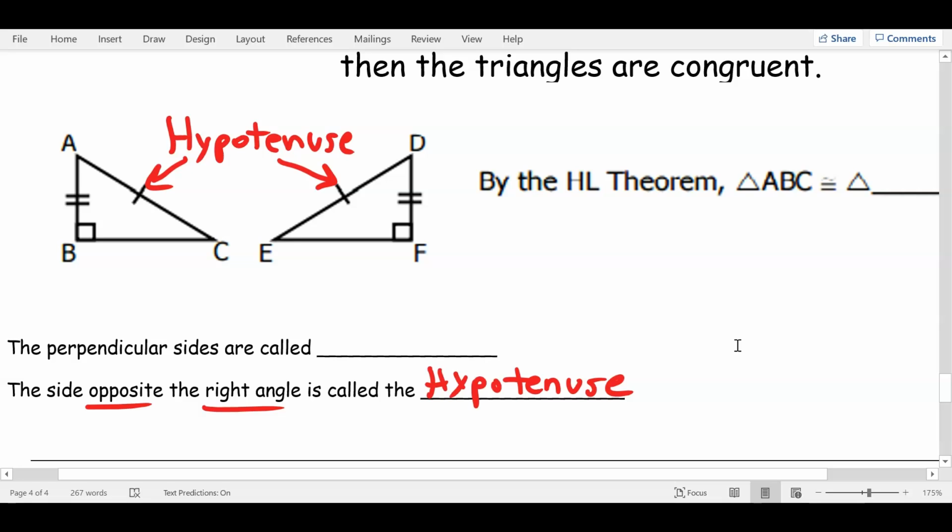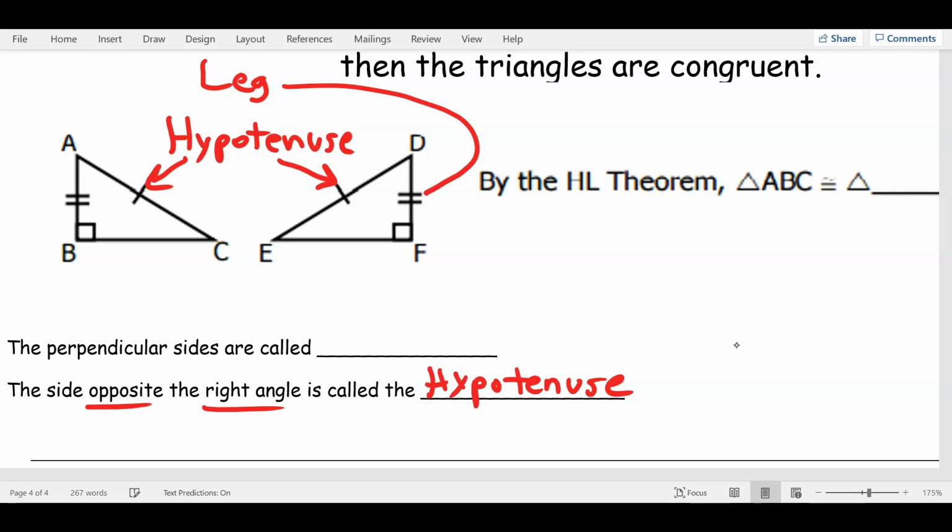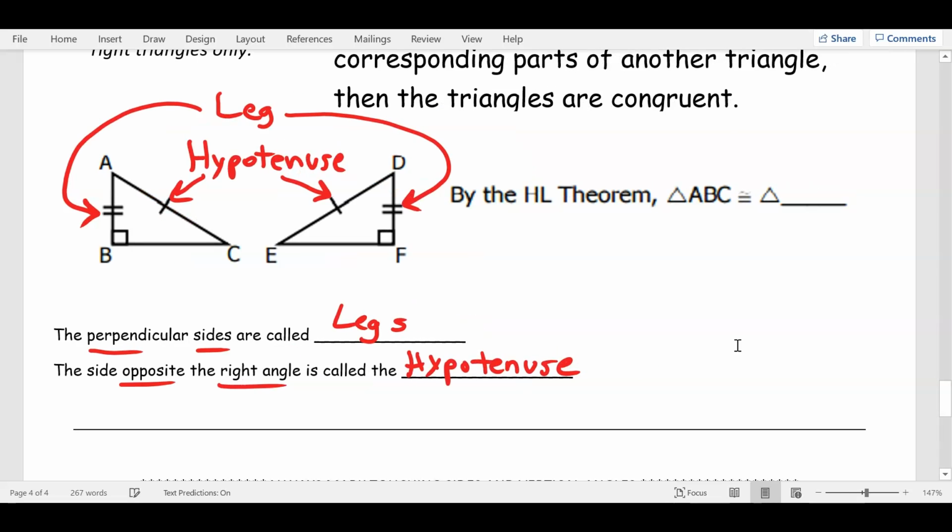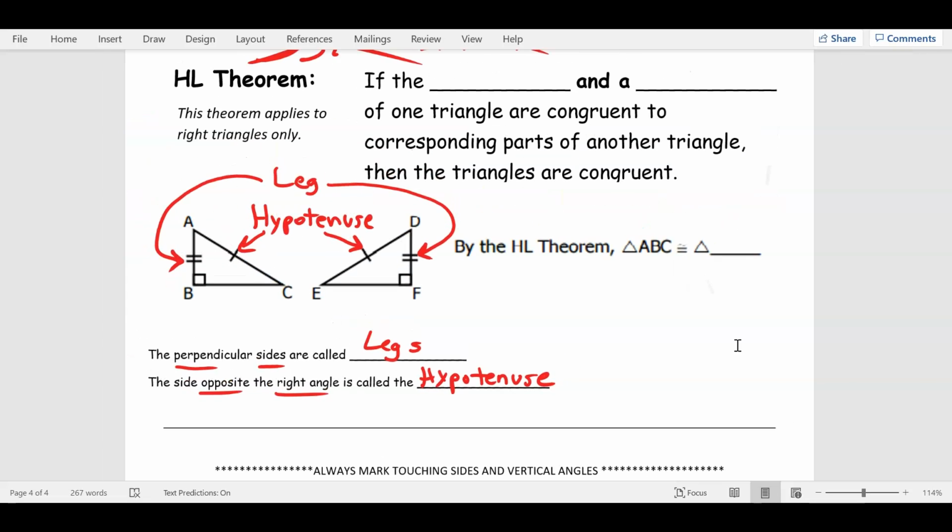And then you have legs. The legs are next to the 90-degree angle. They're the perpendicular sides. Those are called legs. Hypotenuse and the leg.